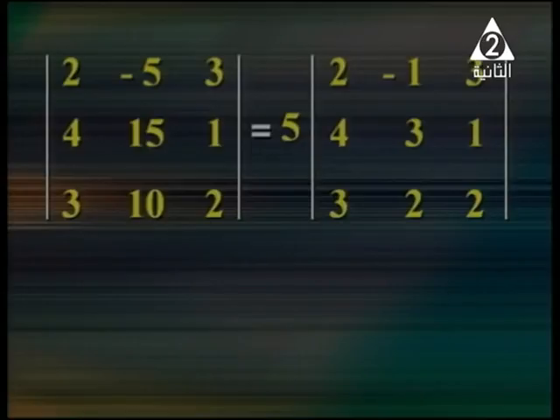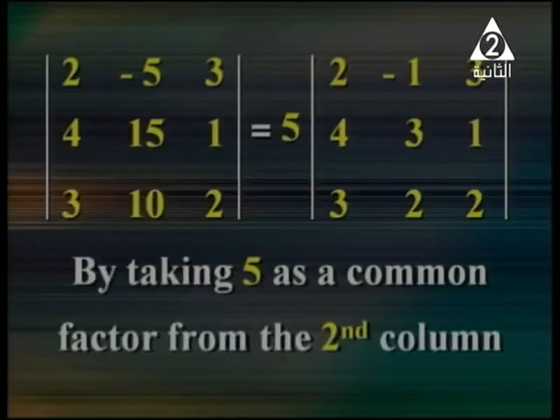The second column, negative 5, 15, 10, becomes negative 1, 3, 2, because we divided by the common factor 5. We deduce that a common factor of the elements of each row or each column is a factor of the determinant.